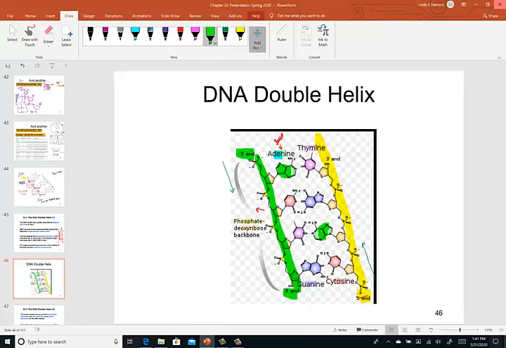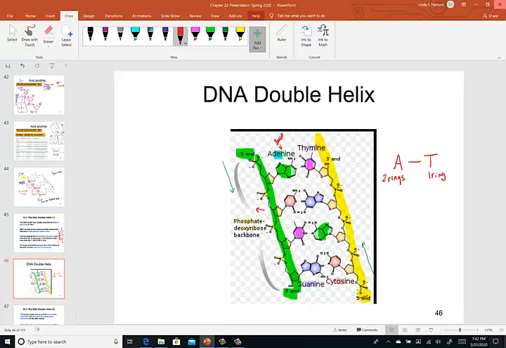Do you notice that adenine always bonds to thymine? Thymine is a 1-ringed base structure. Here's another thymine, color-coded here in pink. It's a 1-ringed base structure. I noticed that A bonds to T always, and that this base has 2 rings and this base has 1 ring, always.